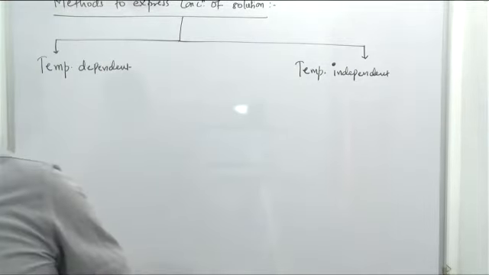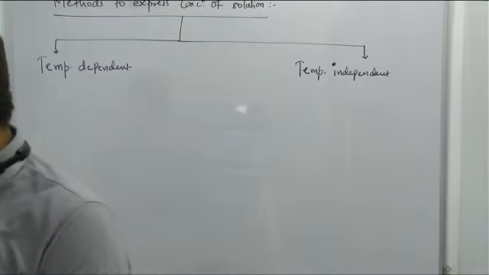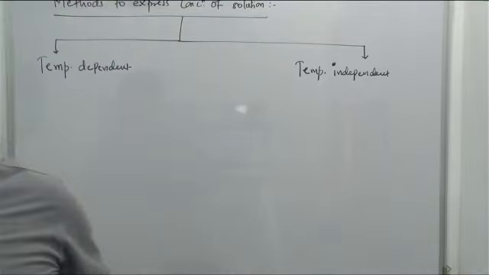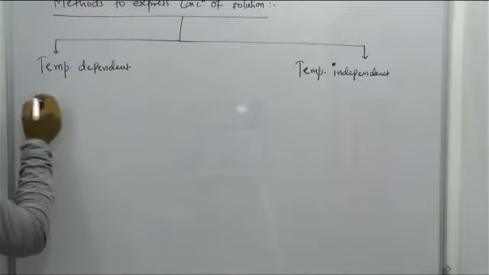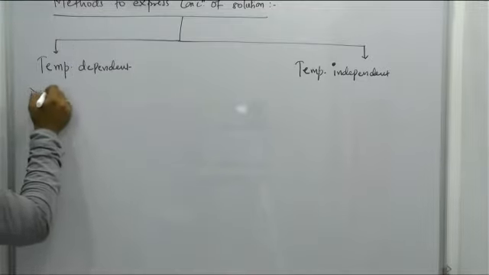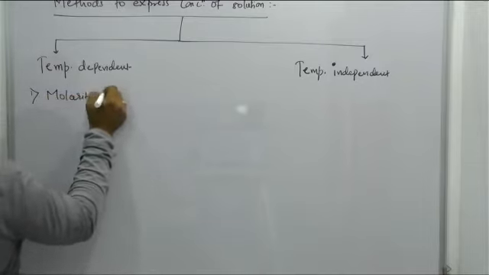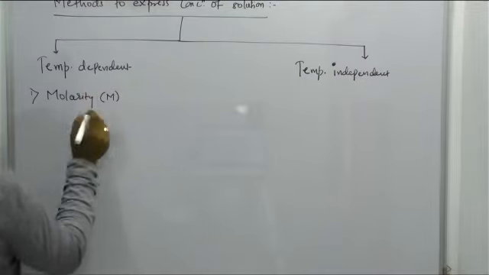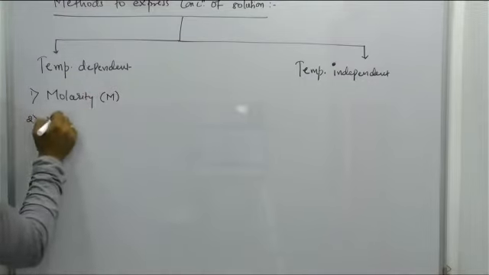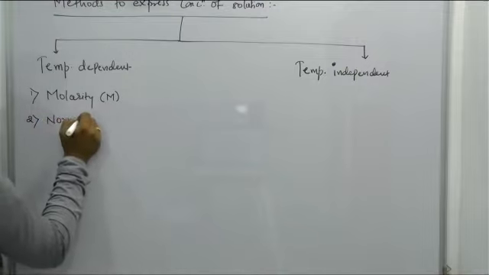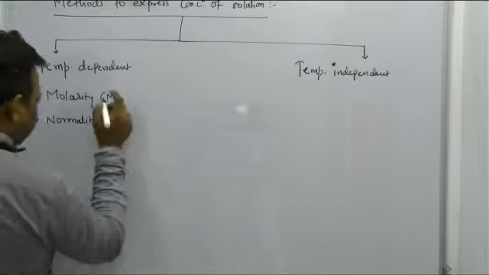Now, for example, I will tell you the temperature dependent ones. The first one, molarity. It is a concentration term denoted as a capital M, and it depends on temperature. The second one is normality. It is a concentration term, and it is temperature dependent.